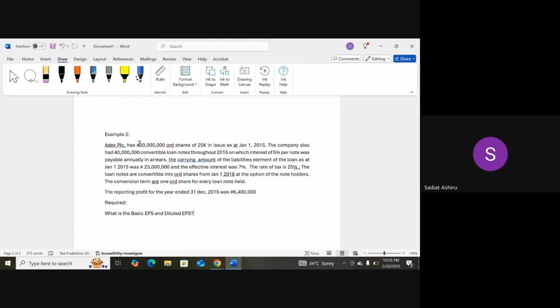The conversion terms are one ordinary share for every loan note held. The reporting profit for the year ended 31st December 2015 was 6,400,000. What is the basic EPS and diluted EPS?